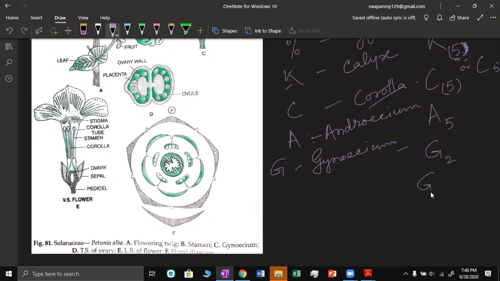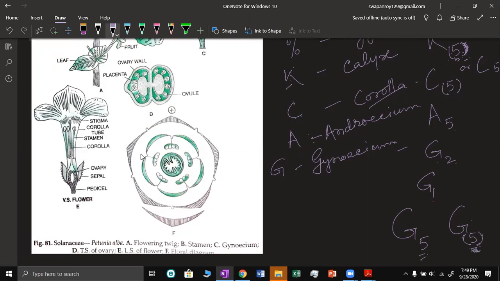Say G1 is one carpel, G2 is 2 carpels, or if it is say 5 carpels, we'll write like this. Now this carpel may be free. This indicates free. But if we write 5 within the bracket, it means 5 carpels syncarpous, that is, carpels are united.